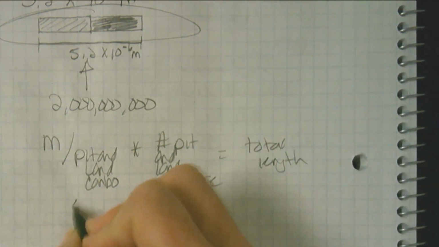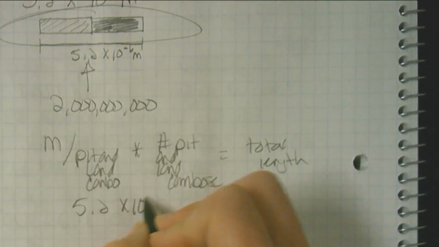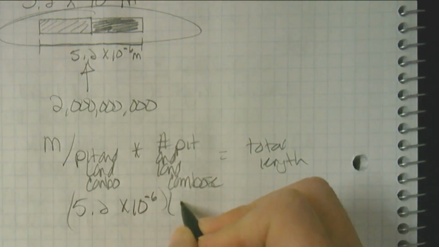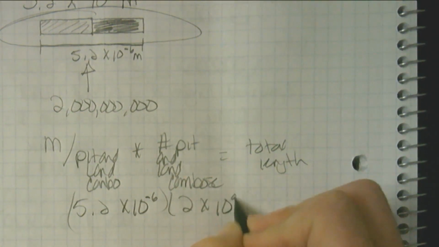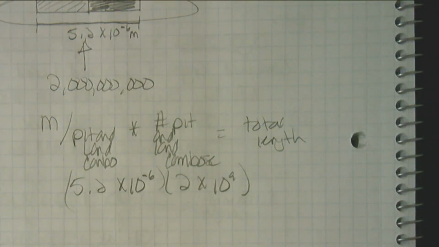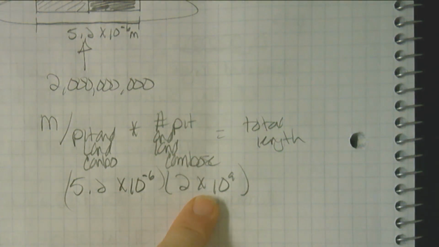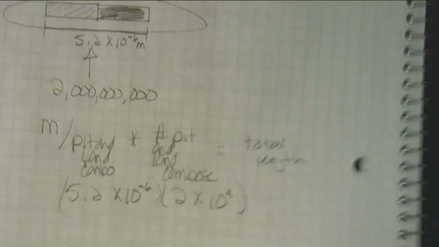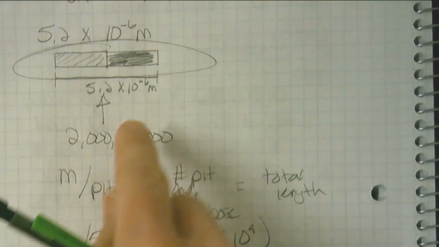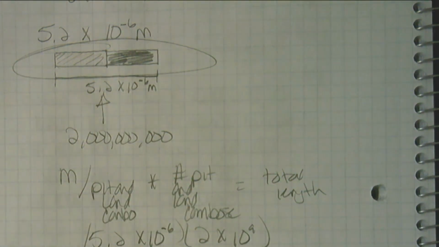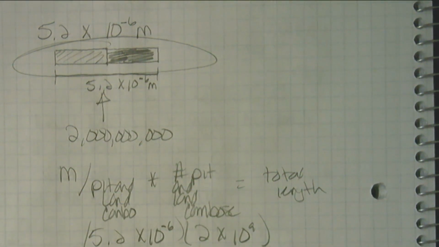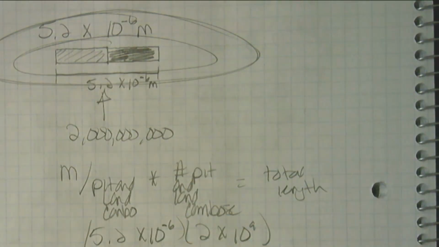So this is going to be my 5.2 times 10 to the negative 6 times 2 times 10 to the 9th. That is what that is. So this is not 4 billion. This is 2 billion, because I have 2 billion of this combination. Do you guys understand? So pay attention to what this measurement stands for.